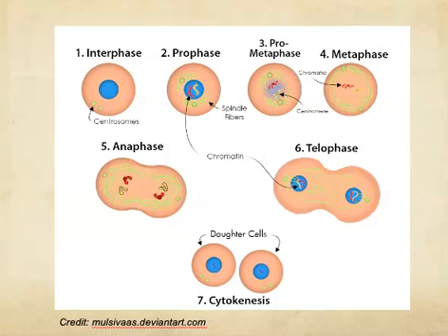On this slide, we're looking at drawings that represent each of the stages of mitosis. So we're starting off with a cell that is in interphase. Remember, under the microscope, during the cell cycle, most of the cells that are in the cell cycle are going to look like this.